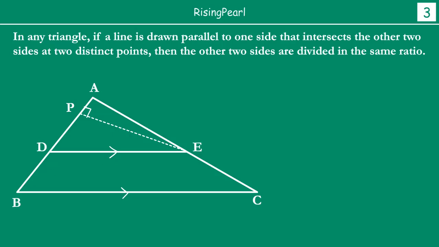This is a construction. Similarly, I would like to draw a perpendicular from point D on AC. And let us say that that perpendicular intersects the line AC at point Q.